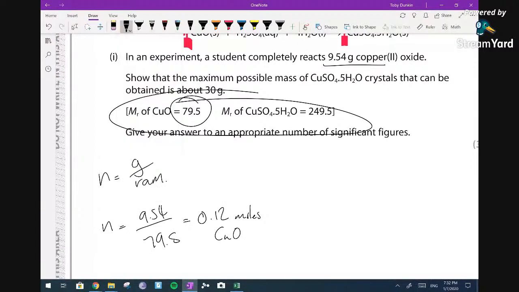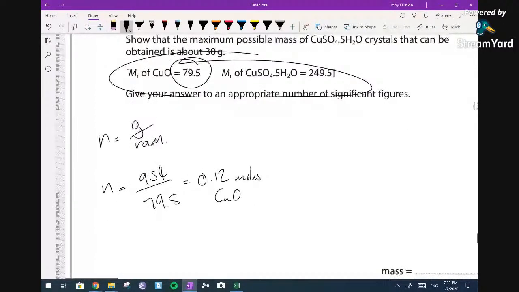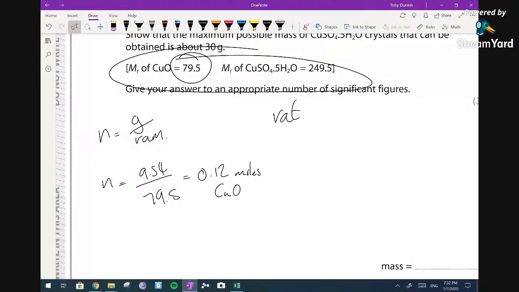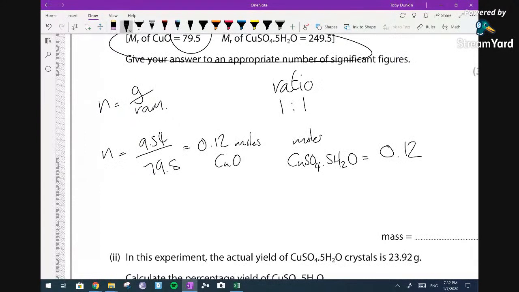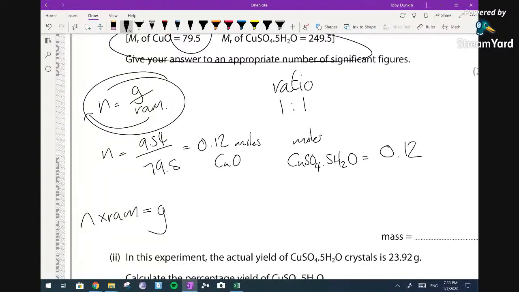Therefore, I am going to get moles of CuSO4.5H2O equal to exactly the same number, 0.12. Now I need to work out the mass. I need to rearrange grams over Mr: number of moles times the Mr will give me grams.